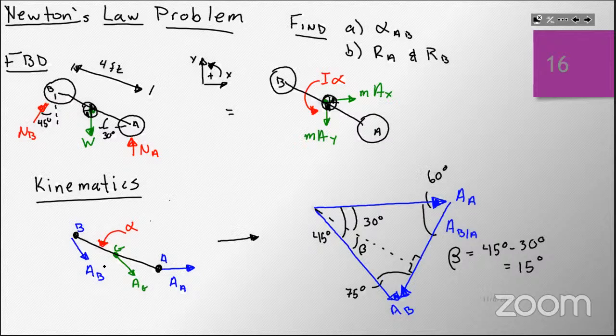The weight at B, if I push down, is going to cause clockwise rotation, which is going to be negative. All of the other ones are set up as I have them written to be positive, right?